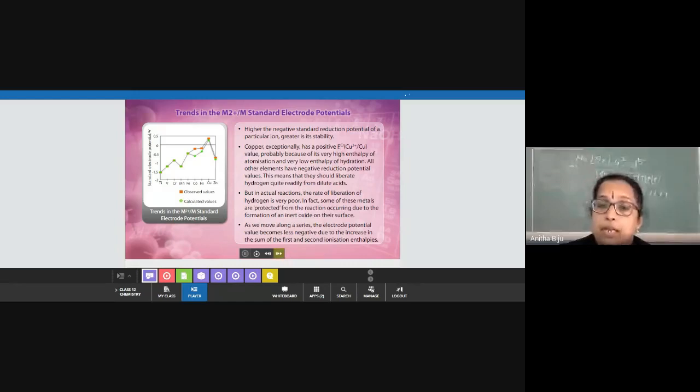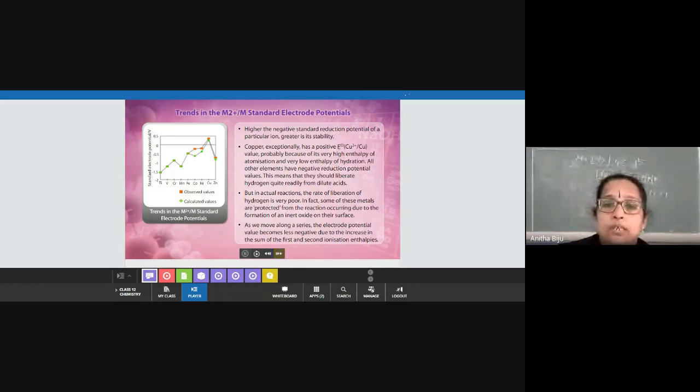So copper is capable of reacting with both dilute HNO3 and concentrated HNO3. The reason is that nitric acid functions as an oxidizing agent, so it itself undergoes reduction. You know that an oxidizing agent undergoes reduction.